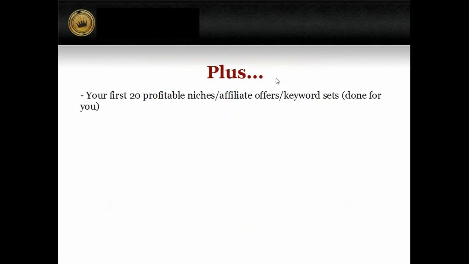So on top of all of that, contained in this system, you get your first 20 profitable niches and affiliate offers and keyword sets done for you completely. So while we did tell you the techniques in the system for finding as many affiliate offers like that as you want, for the people who are really lazy and they just want to get cracking on this quickly, we've also included 20 affiliate offers for you.